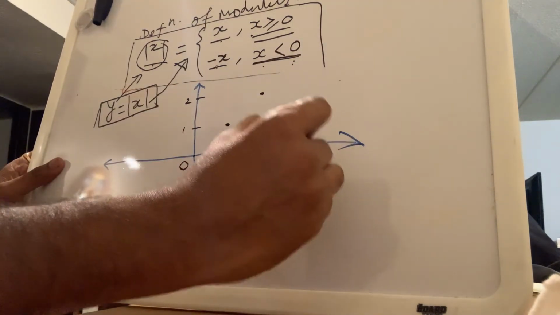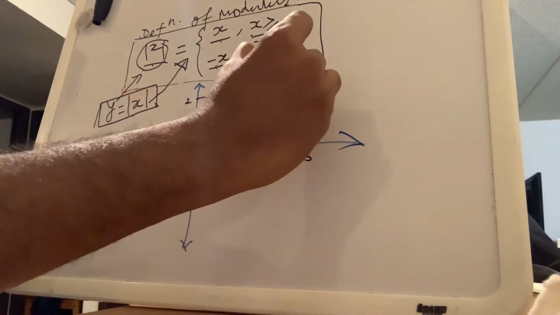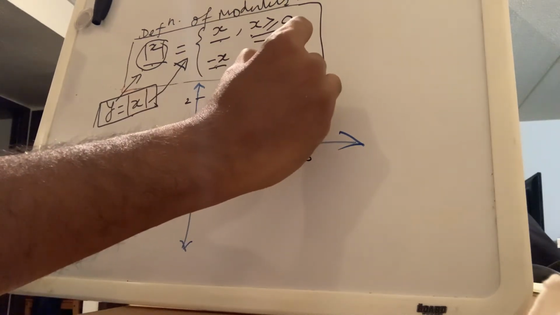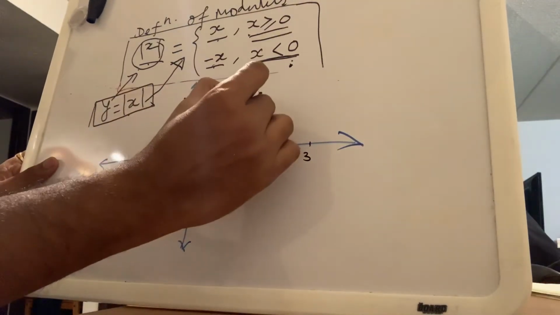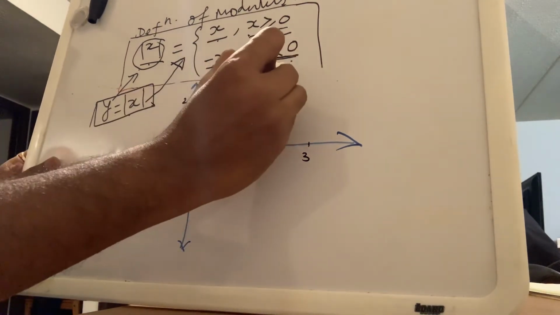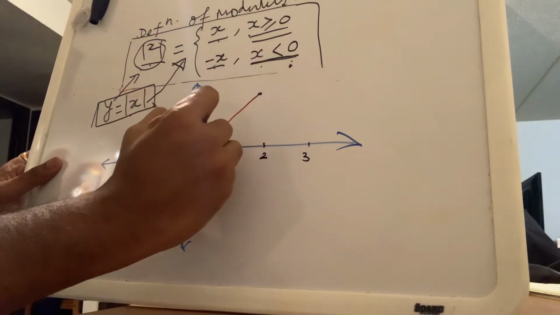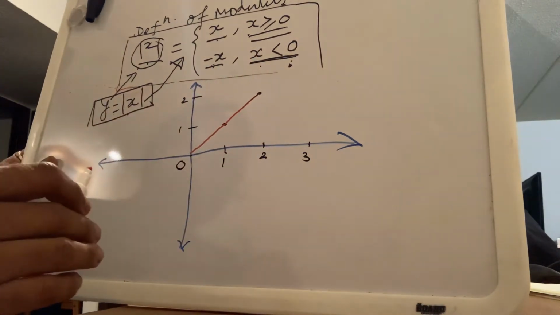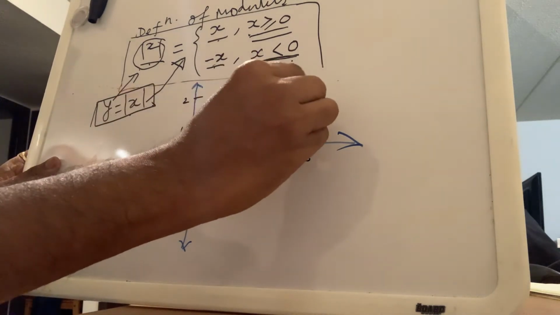This is 3, so we will come here. So basically we are going to join these two lines. I joined this, so this is your y is equal to x.